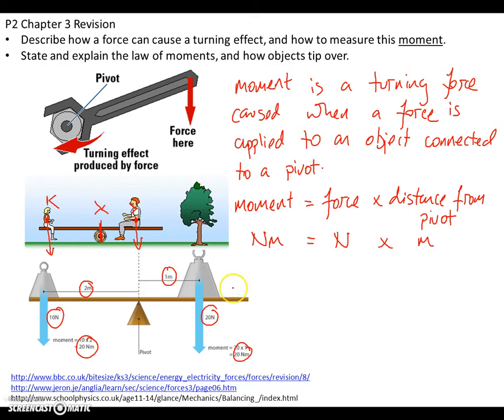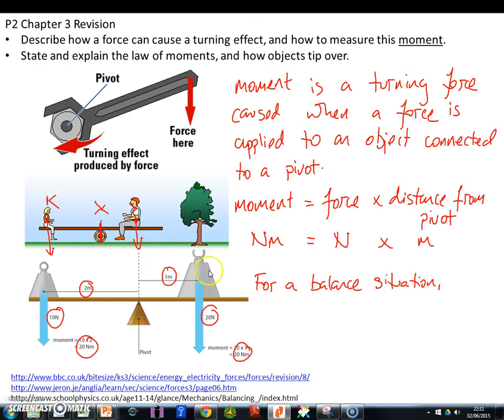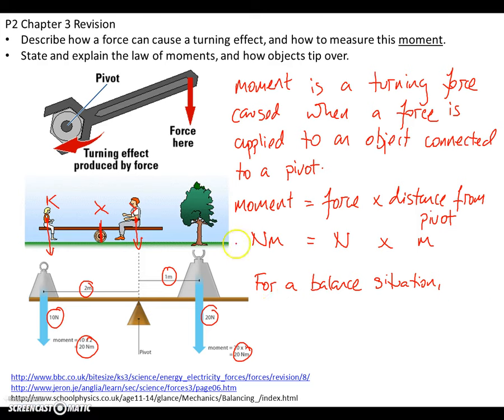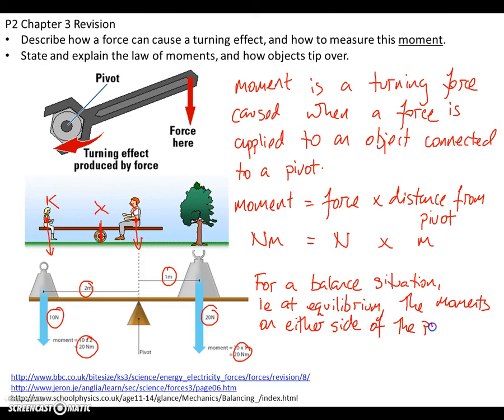The law of moments basically says that for a balanced situation like this one here, which we give the fancy name of an equilibrium situation, the moments on either side of the pivot must be equal.